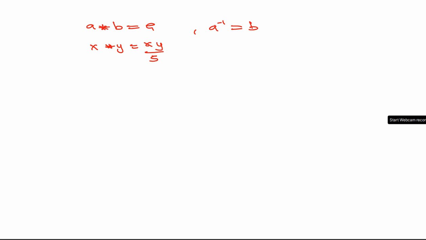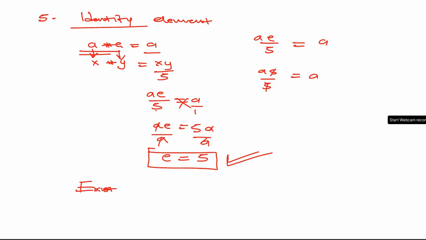We say a for x and b for y. So we replace where there is x, we put a, and where there is y, we put b over 5. We say this is equal to e.